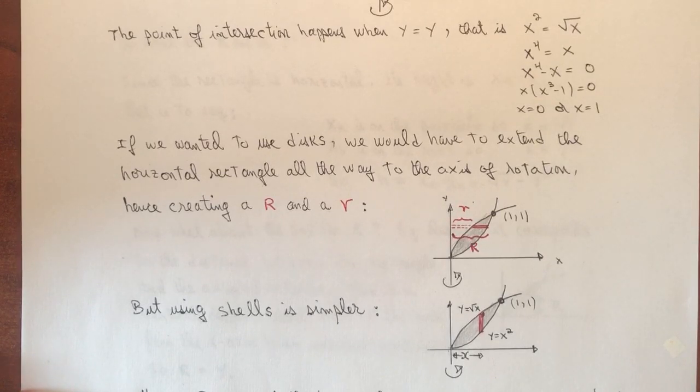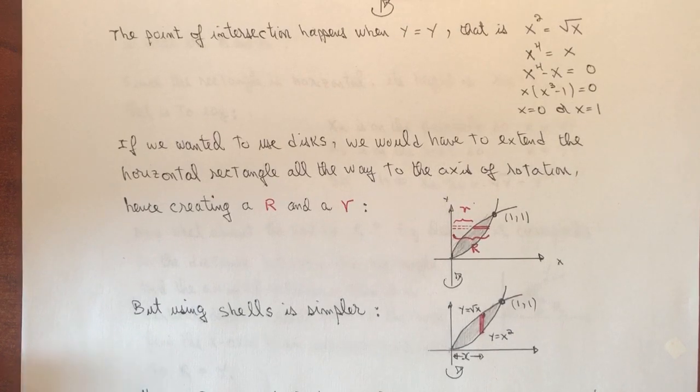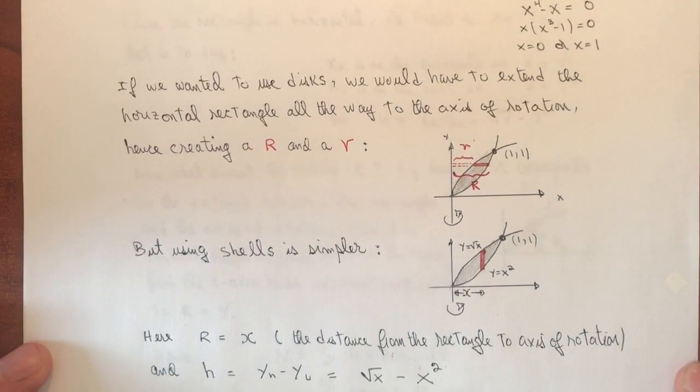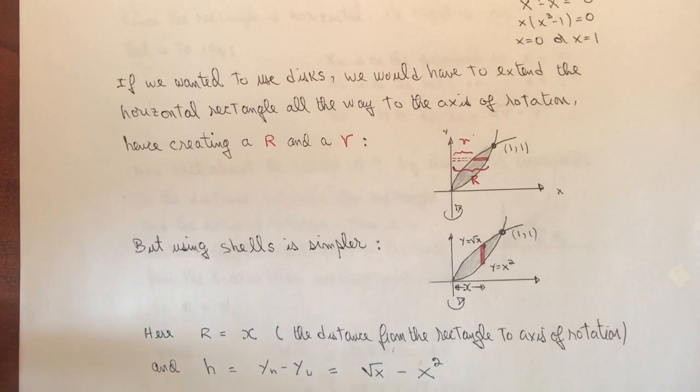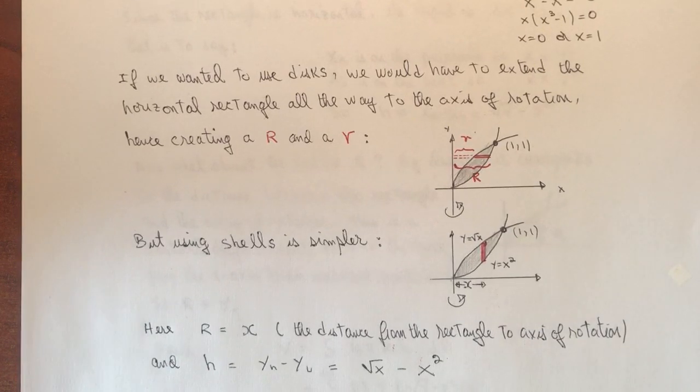You put one rectangle parallel to the axis of rotation, and big R is actually x, since the distance from the rectangle to the axis of rotation is the radius, and the usual height is y high minus y low when the rectangle is vertical. In this case, the rectangle goes from the root to the parabola, so root x minus x squared.